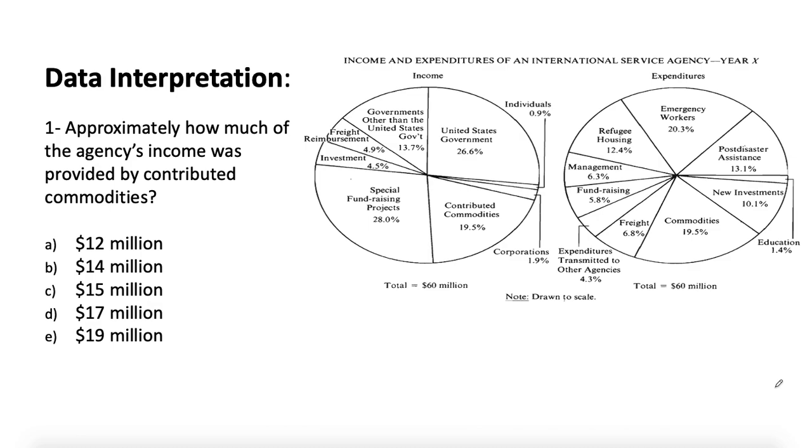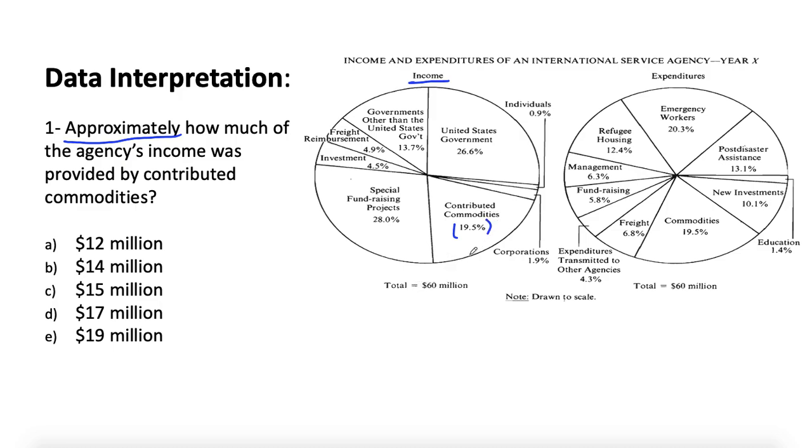Now let's move further. This is the first question that asks approximately, and this shows that the question asks for approximation. How many of the agency's income was provided by contributed commodities? So we are asked to find what exactly this value is in million.